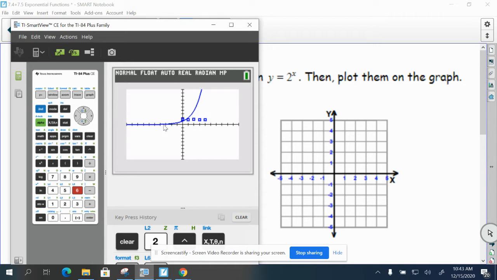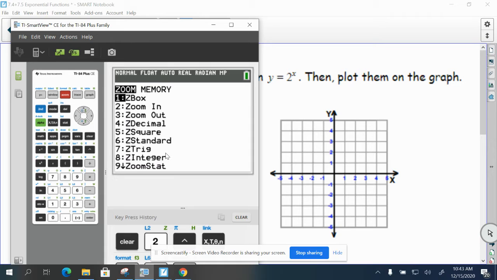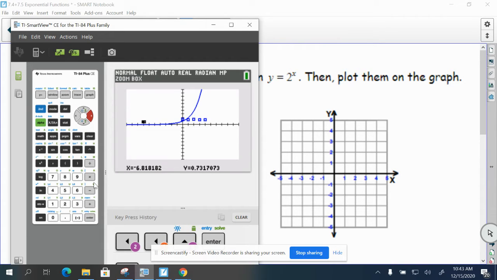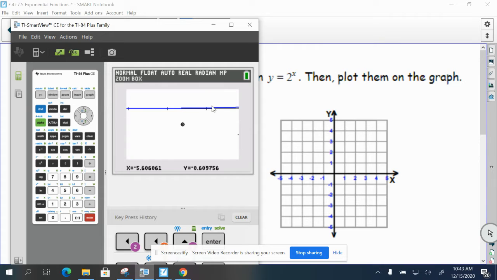Also, do you see how this part over here to the left looks like it's going along the x-axis? If you zoom in a little bit, and I'll teach you how to use the zoom feature later, if you zoomed even more, it doesn't quite get to the axis.